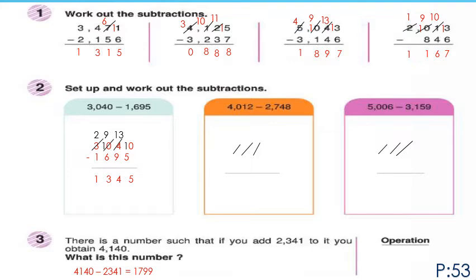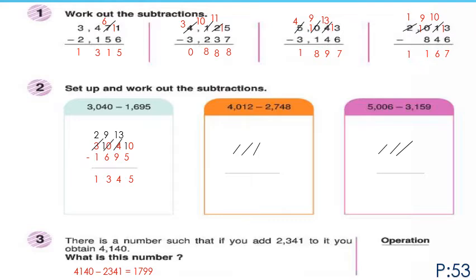Now we can borrow from 10 in hundreds place value, so that it will become 9, and the 3 in tens will become 13. So that 13 minus 9 is 4, 9 minus 6 is 3, and 2 minus 1 in the thousands is 1. So the answer is 1345.